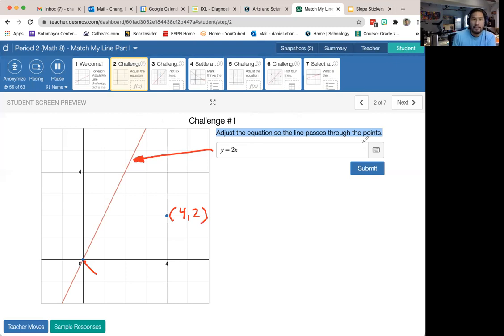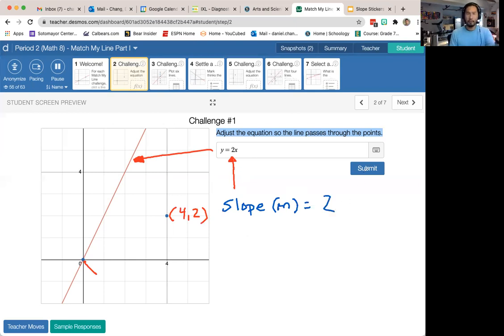Now, my suggestion for you on this is to just try different numbers for slope. I always use blue for the slope. So your slope, which is also little m, we use little m for slope, is 2.